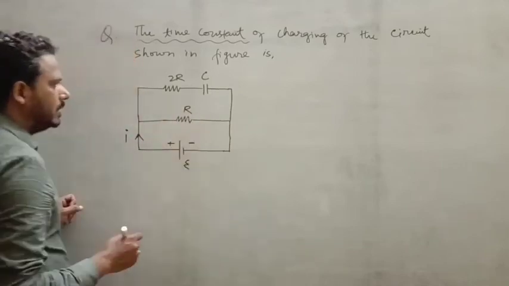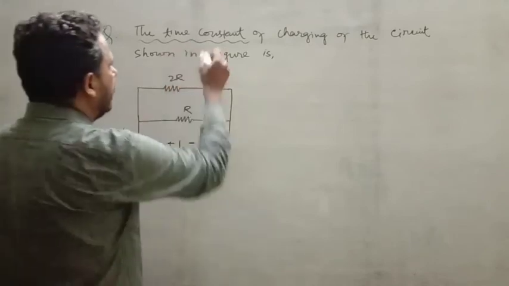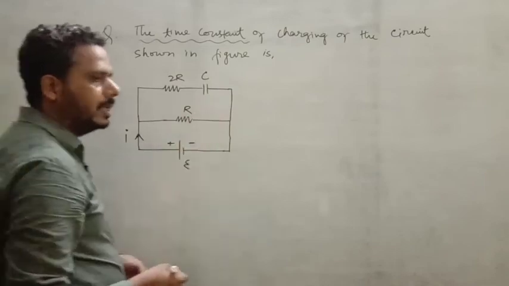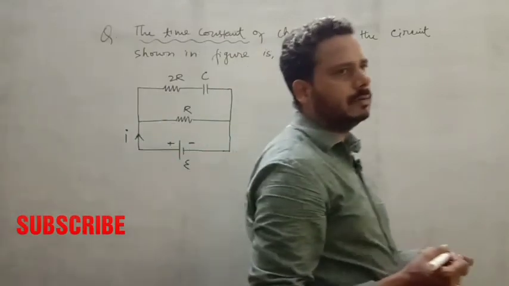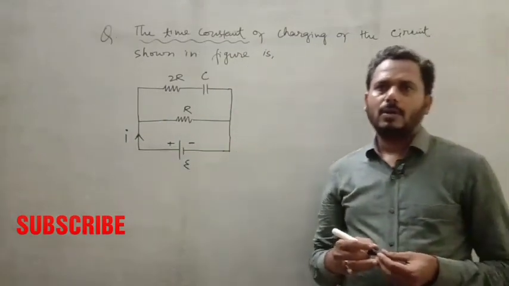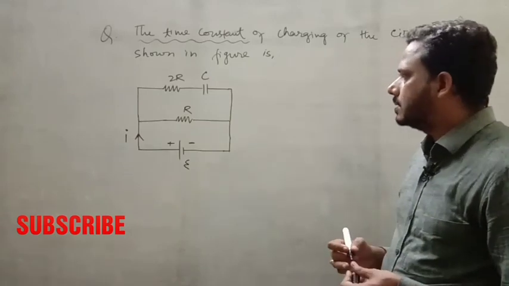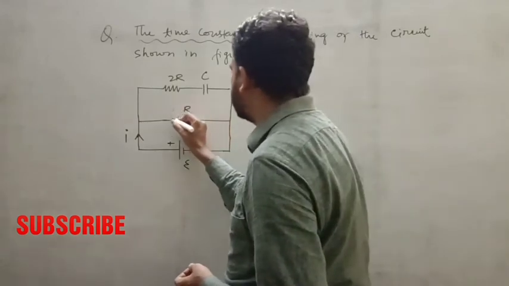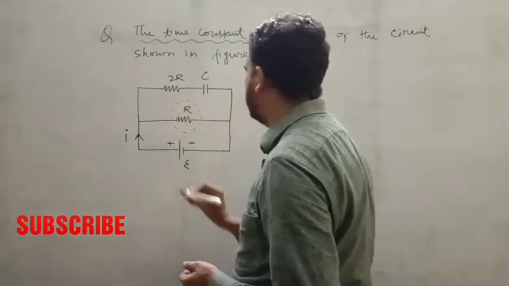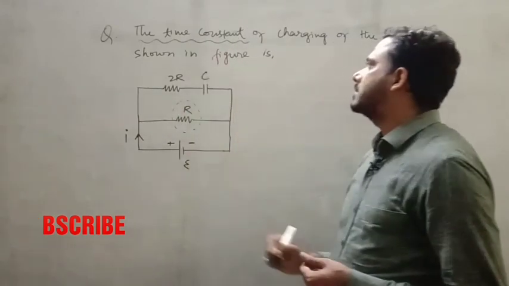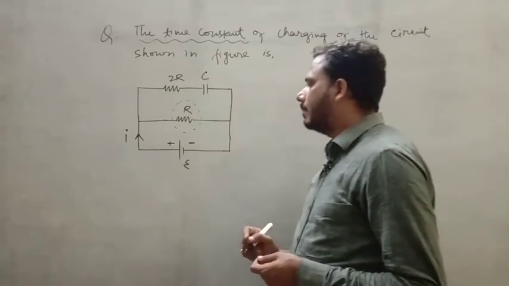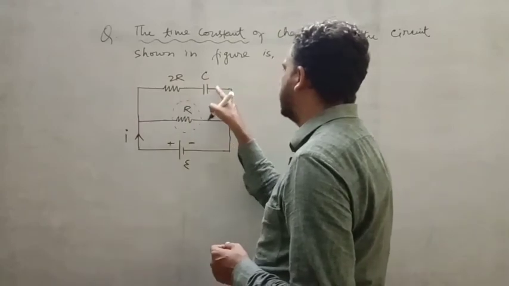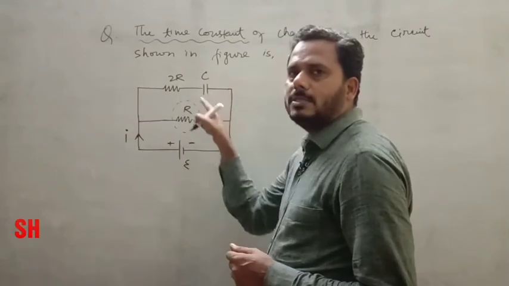Alright. So here you have to find the time constant only. So you know that this circuit contains capacitor and resistor only. Okay, so there are two resistors. To find this time constant, actually this resistance will not take part, because the charge is deposited only in the branch where your capacitor is connected.